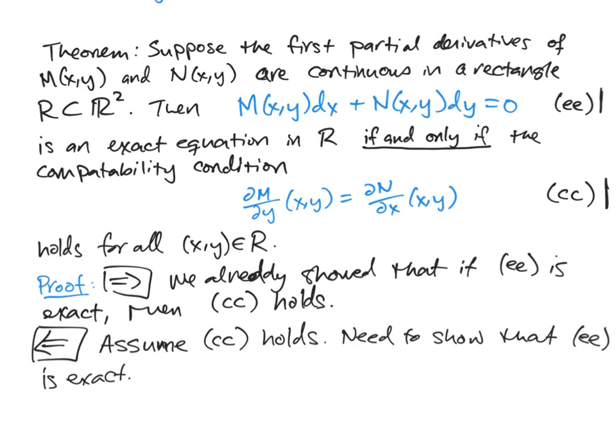It means that we need to find a function big F where the left-hand side of EE is the total differential of big F. What's going to be really nice about this proof is that the way we're going to show that EE is exact is by actually constructing that big F. Then once we've constructed the big F, we'll even have a solution to our differential equation. So that's going to be really nice.